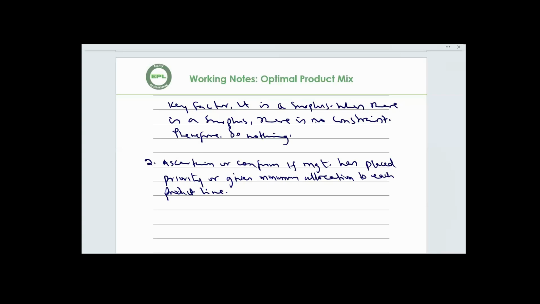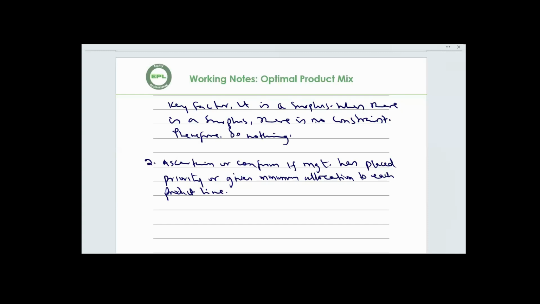Say, for example, you have 15,000 units to produce, and you have 3 different products, product A, B, and C. The management can decide that the company should produce 2,000 units of each product. That's 6,000 out of the 15,000 units. So the remaining 9,000 units will then be allocated based on the contribution margin.